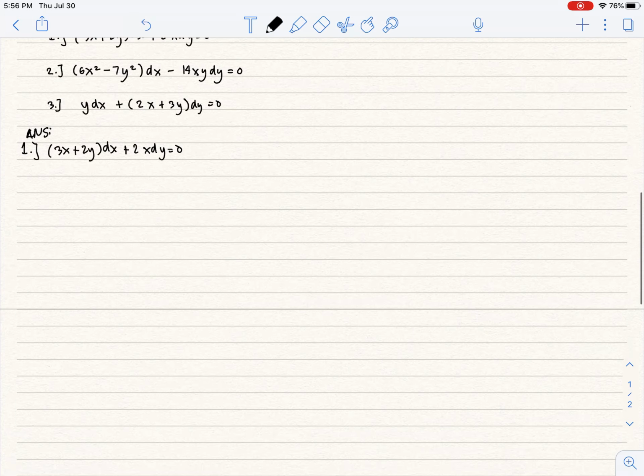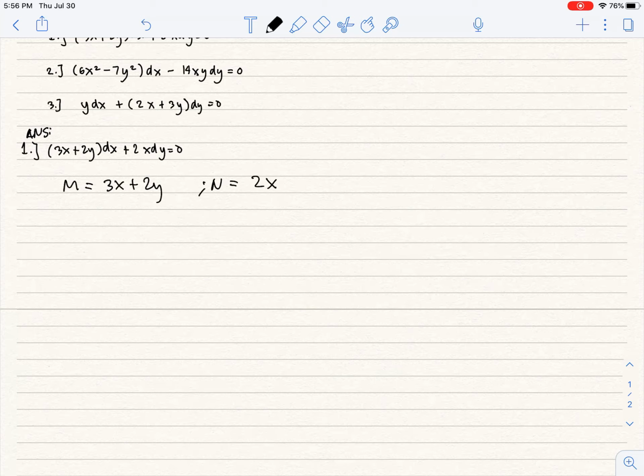Okay, so example number 1. First thing to do is to check if this is a homogeneous DE. M here is, anyway, when we solve, if it's a quiz, you don't need to write M, but I'll write it here for clarity. So M here is 3x plus 2y, then N is 2x, right?